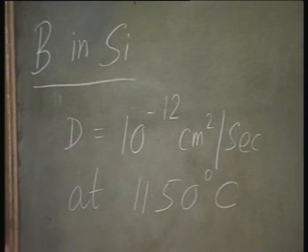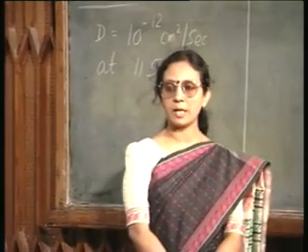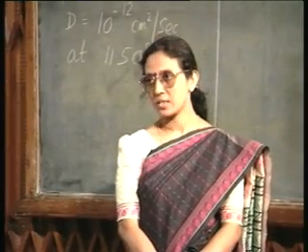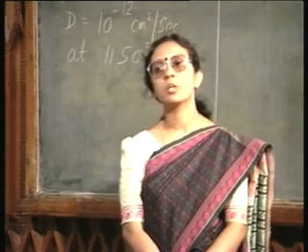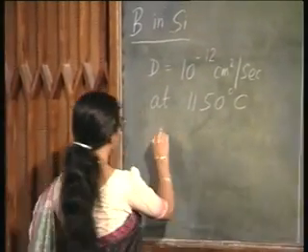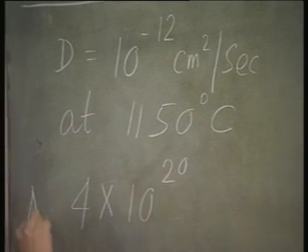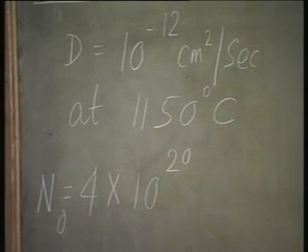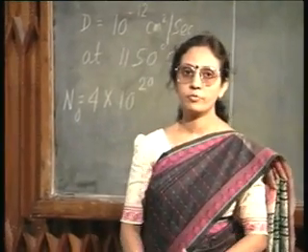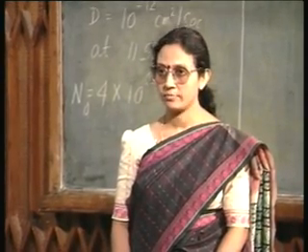And of course, in case of infinite source diffusion, the surface concentration is going to be limited by the solid solubility, and the solid solubility of boron at this temperature is 4 into 10 power 20 per centimeter cube. But that does not mean that all of this boron which you can introduce is going to be electronically active.